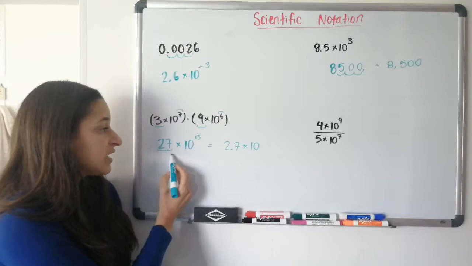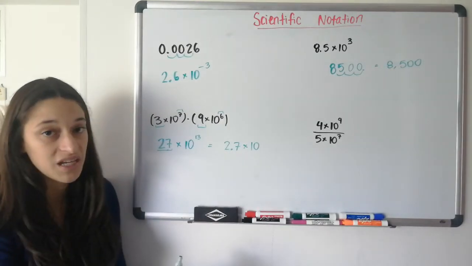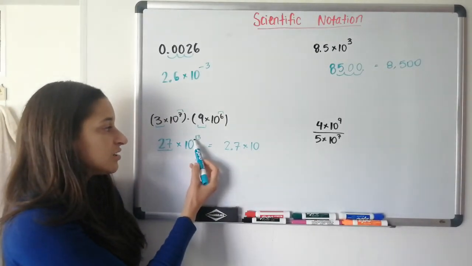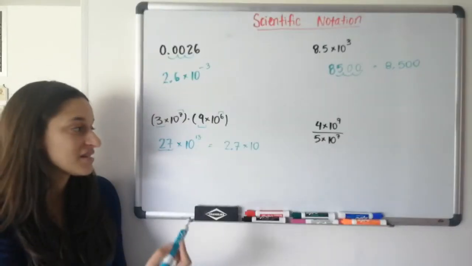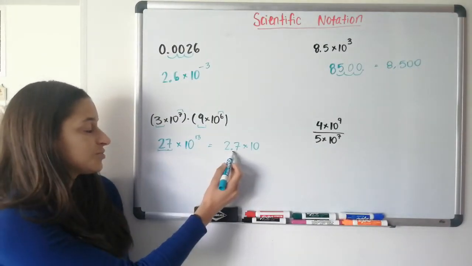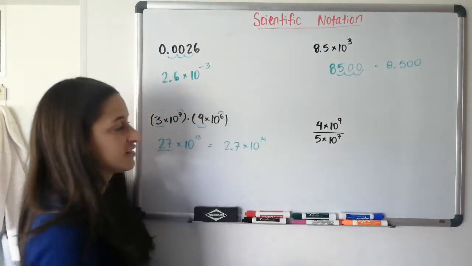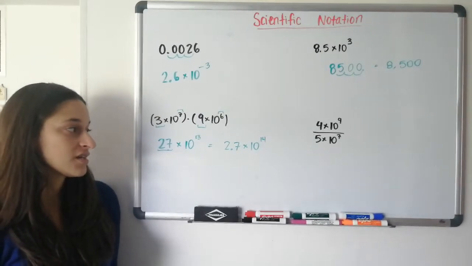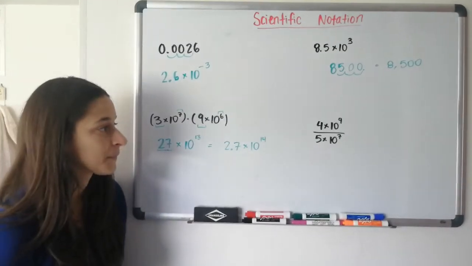So because we made the new number smaller than the original number, it was 27 and we made 2.7, we need to add a number to the 13 so that it compensates. So it decreases to 2.7, so this increases by 1 to 14. That's how we know if we should decrease or increase. So that's finally our answer in scientific notation.